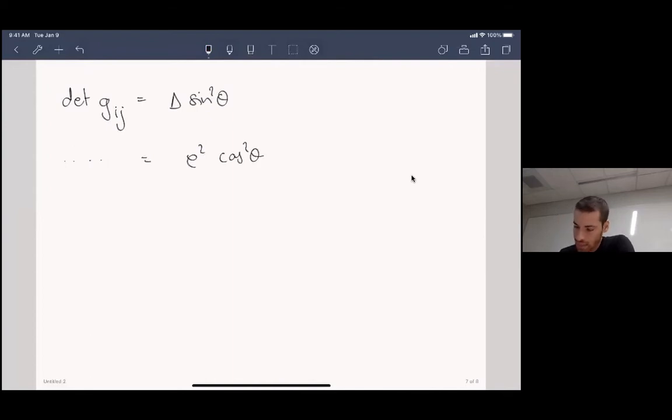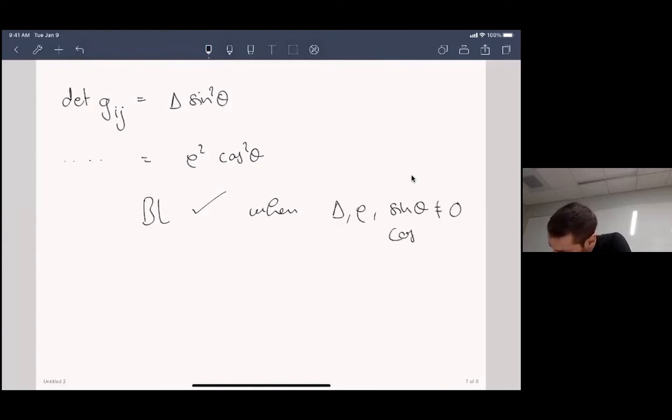So the Boyer-Lindquist coordinates are good when all these are non-zero. If you want the Boyer-Lindquist coordinates to cover everything that you want, you're going to have to extend them in some way and patch them in these regions.